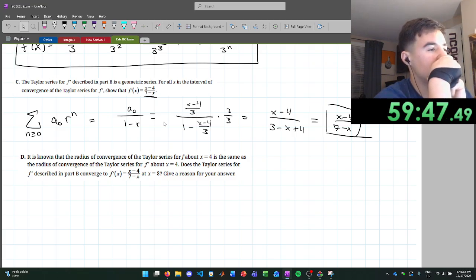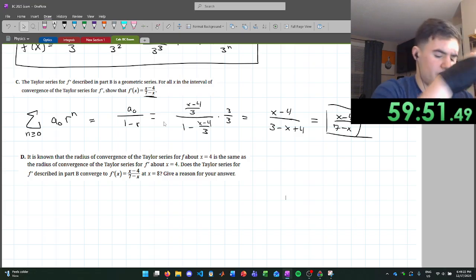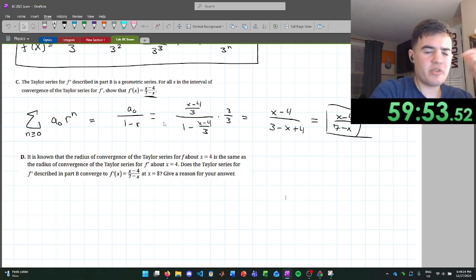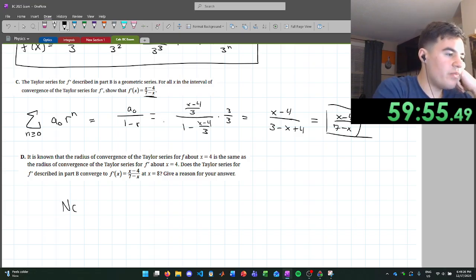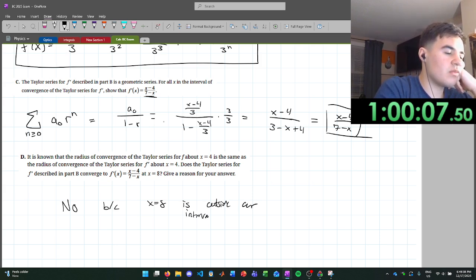Hmm. No, because it's outside the interval of convergence. No, because x equals 8 is outside our interval of convergence. I don't know what this question's asking.